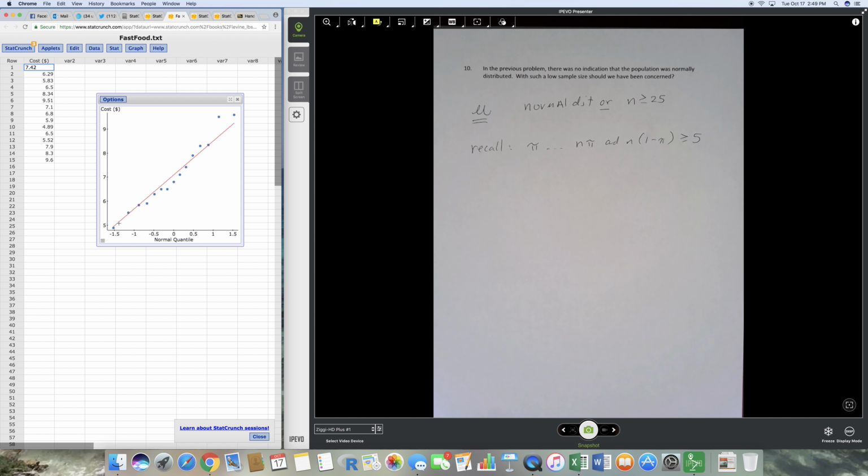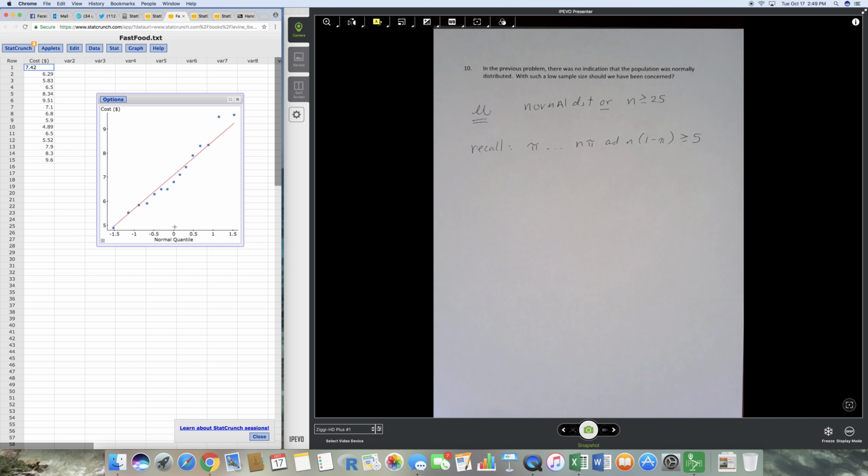If all these points fell right on that red line there, then we would have something that definitely comes from a normal distribution. The more deviation we have of these points from that straight line, the more deviation we have from being assured this came from a normal distribution.